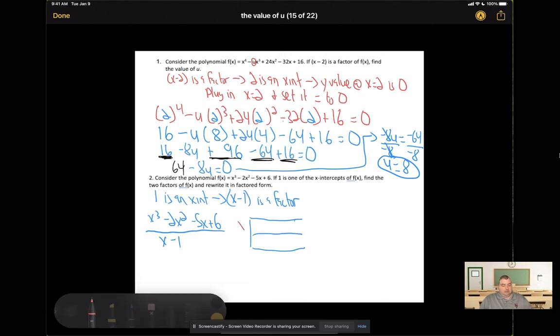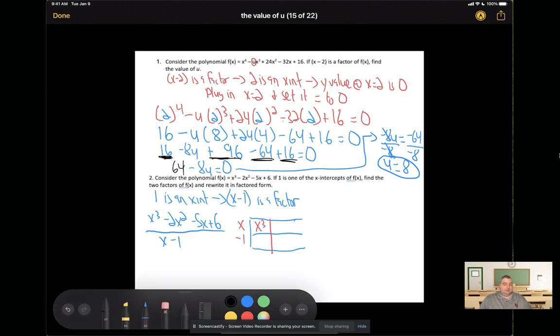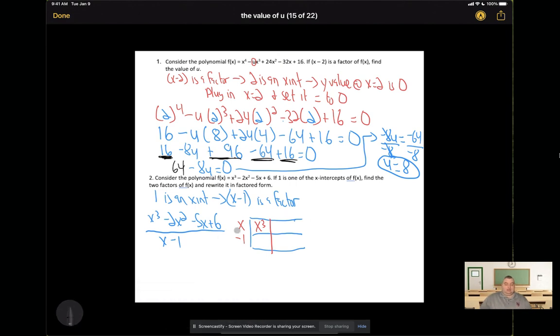So this will be x minus 1. This will be x cubed. So x times what is x cubed? That's going to be x times x squared. Finish out the column. This is going to be negative 1 times x squared, which is negative 1 x squared.